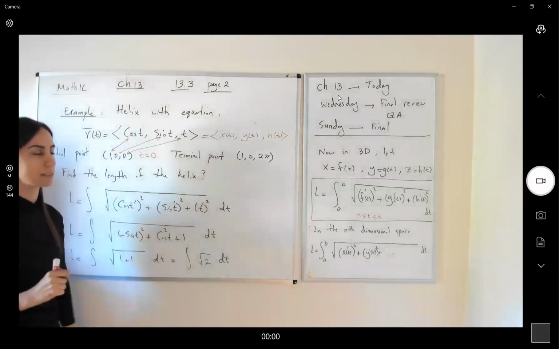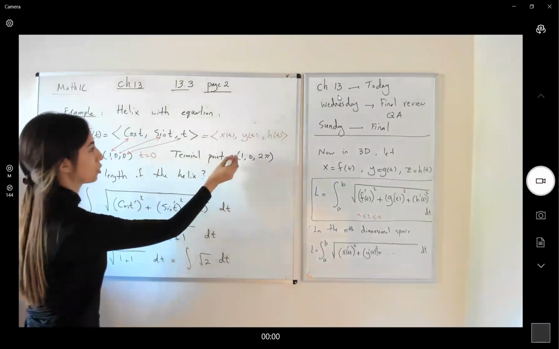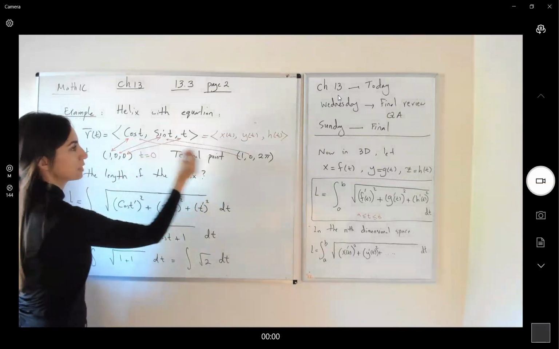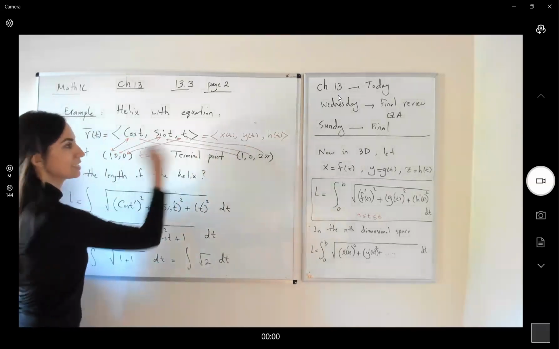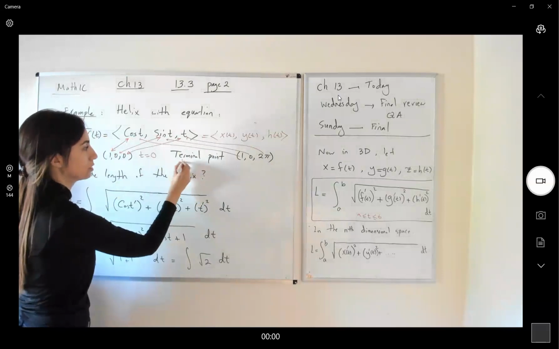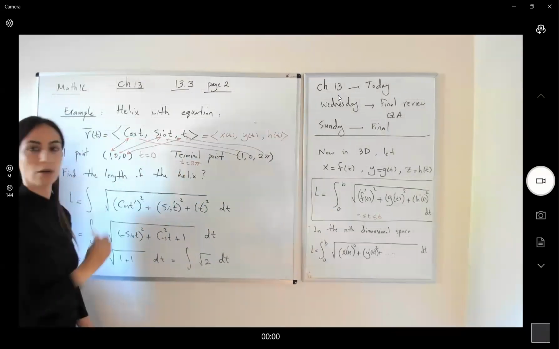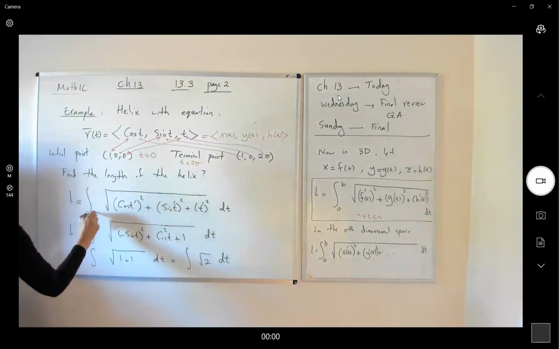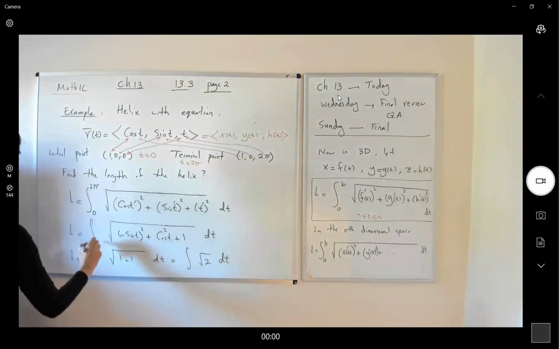Let us find the second t as well. So your x, your y, and your z are given. So t is equal to 2π. t ranges between 0 and 2π.